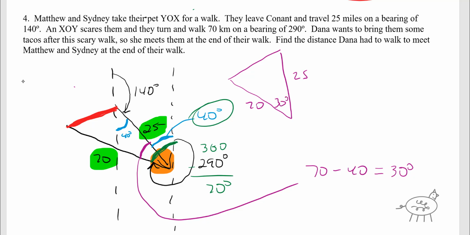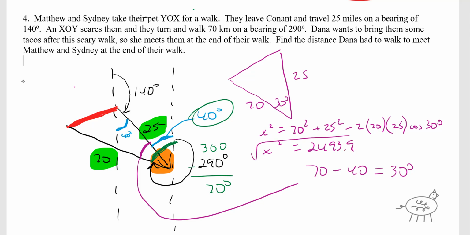So what do we do in here, guys? Definitely law of cosines. So it's x squared equals 70 squared plus 25 squared minus 2 times 70 times 25 times cosine of 30 degrees. A little messy, but x squared comes out to be 2493.9.